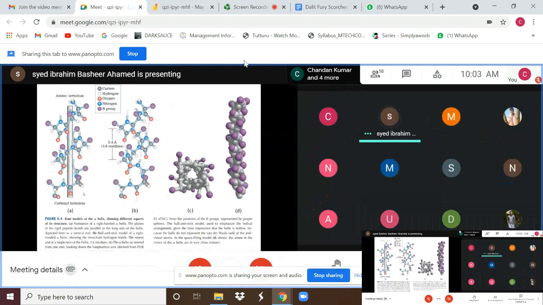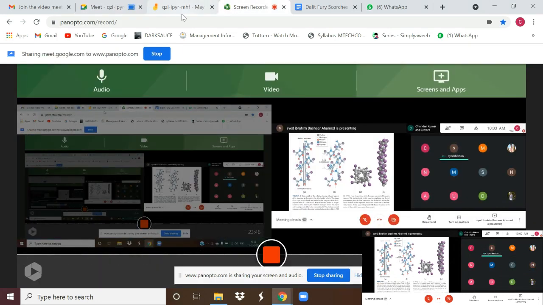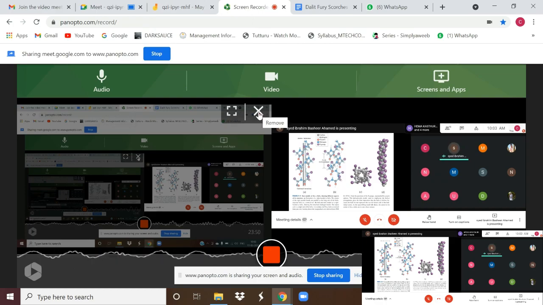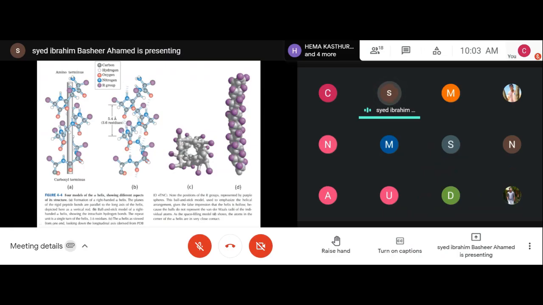So if you see here, there is a geometry for the alpha helix. If you come around like this, this is called a turn. A single turn has 3.6 residues, it requires 3.6 residues, and the height of this turn is 5.4 angstrom.